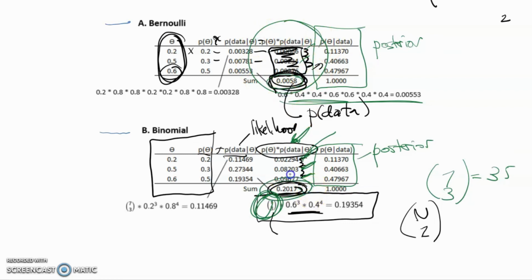The sum is also going to be 35 times greater. So when you divide each one of these values that's 35 times greater by a sum that's 35 times greater, you wind up with the posterior distribution being exactly identical, regardless of whether you use this sort of likelihood function or that sort of likelihood function.